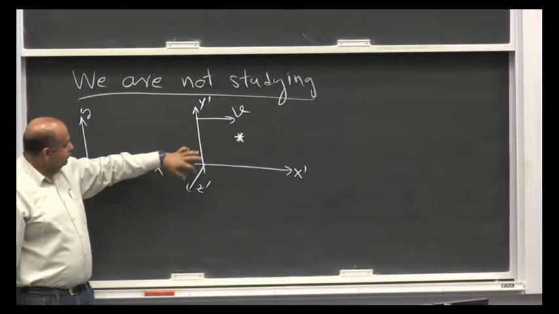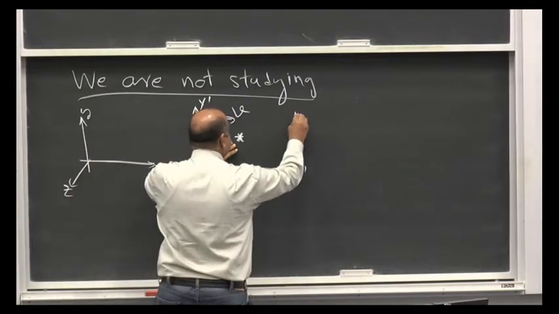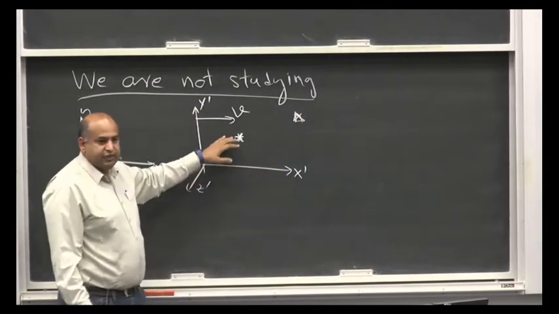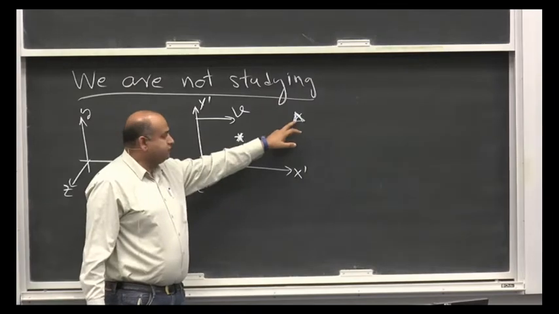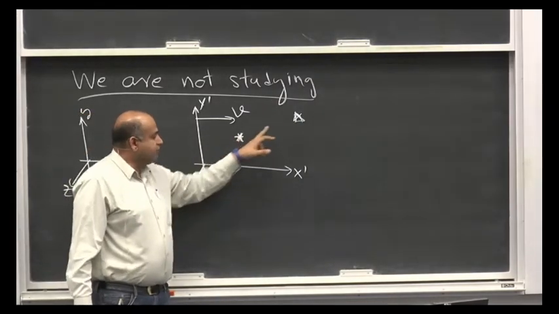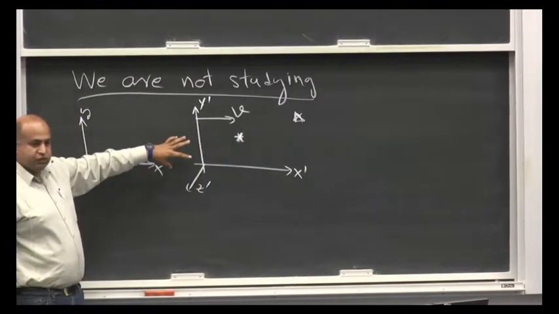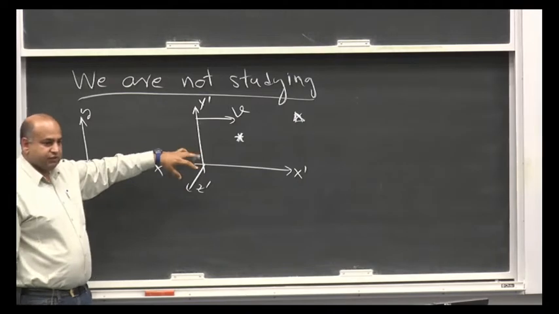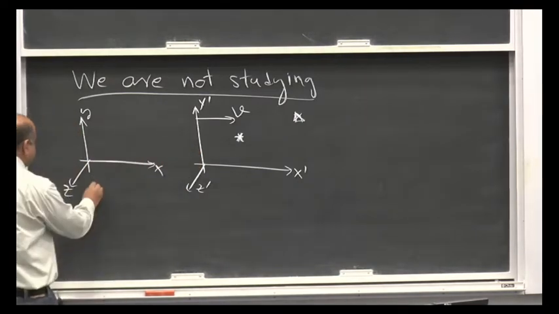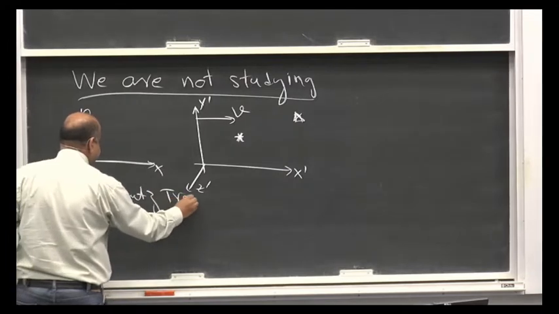But what if one event happens here and another event happens here a little bit later than this? How do we transform this time difference to this frame, or how do we transform this length difference to this frame? For this, there is actually a general mechanism available, which we are not going to do in this course. It's called Lorentz transformations.